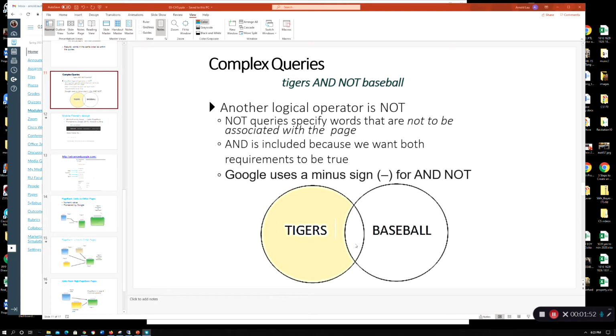When you say not, you just want the Tigers but not the baseball Tigers. That's why you have the shaded area here. So that's the outcome when you put in Tigers and not baseball. If you actually put it in Google, you're supposed to use this minus sign to represent and not.